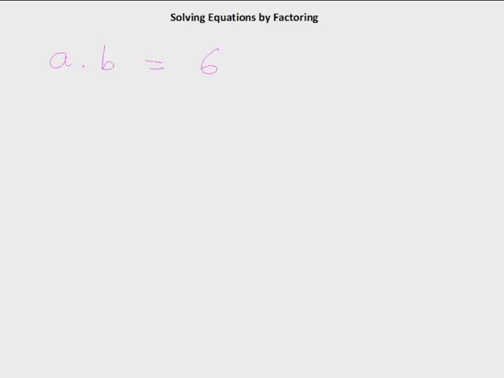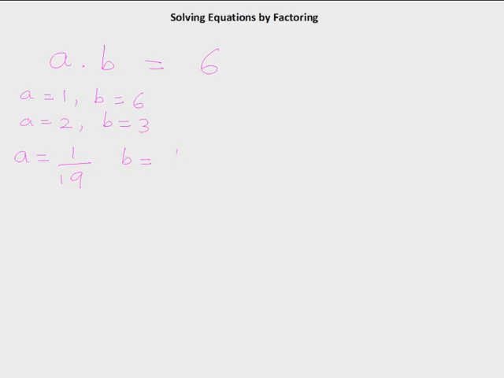What can I say about a and b? Well, virtually nothing. Because a could be 1 and b could be 6, or a could be 2 and b could be 3, or a could be 1 over 19 and b could be, well, what could b be? I can always solve it, right?